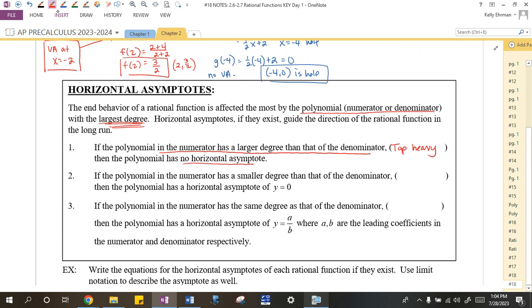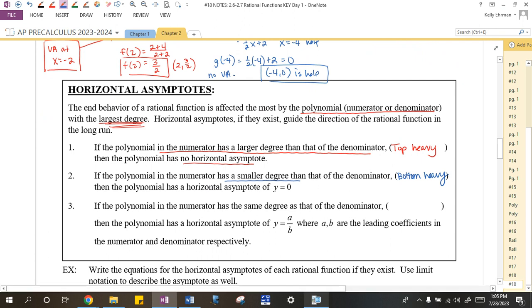If the polynomial in the numerator has a smaller degree than that of the denominator, I just think, bottom heavy, like the x cubed is on the bottom, the x squared is on top, then in the long run, those values are going to divide out to get smaller and smaller and smaller and practically be zero, even if they're only different by 1 degree.